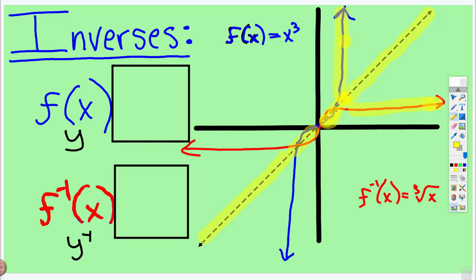This curve would fold up on this curve, and this line right here would fold up on this line right here. So graphically, you can tell if functions are inverses, because at a 45-degree angle, either at the origin or at some other point, the graphs will fold up on each other.